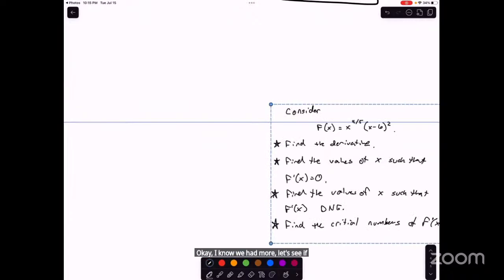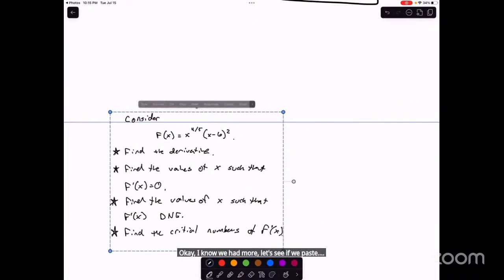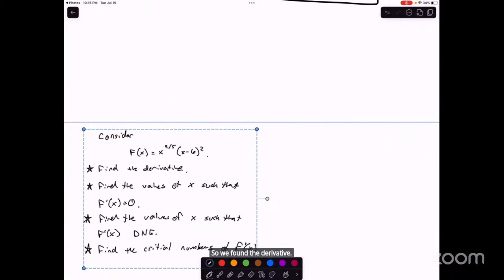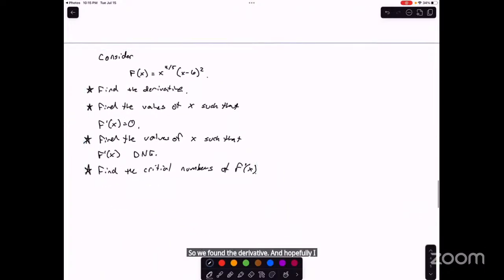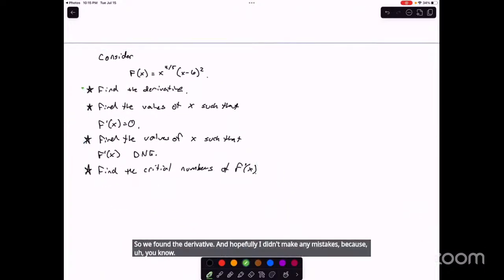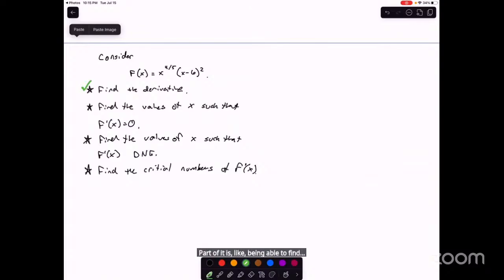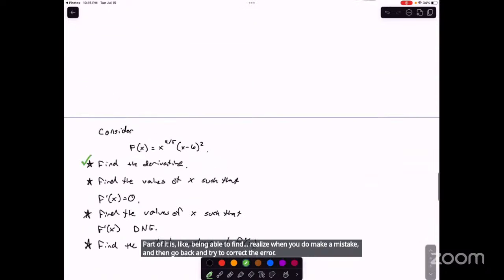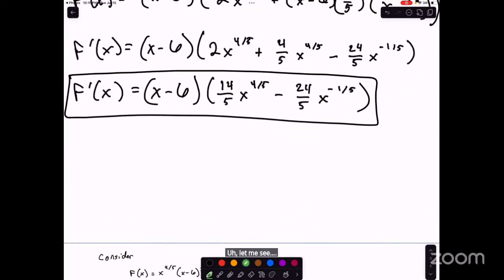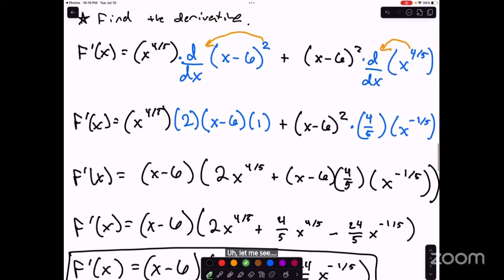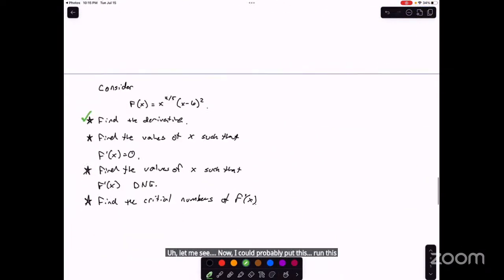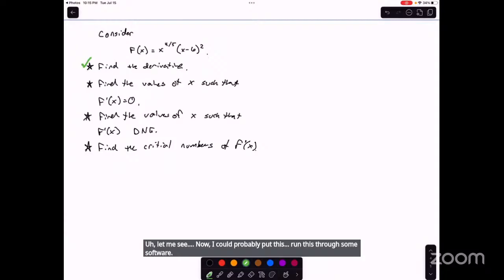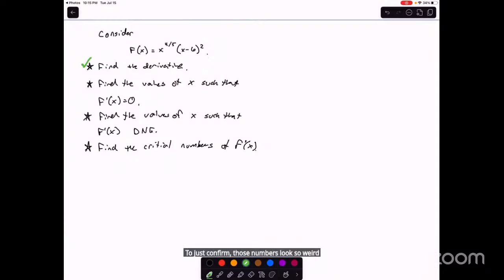We paste. So we found the derivative. And hopefully I didn't make any mistakes, because sometimes I do make mistakes. I mean, part of it is being able to realize when you do make a mistake and then go back and try to correct the error. Now I could probably run this through some software to just confirm, but those numbers look so weird. But let's just go with it for now.